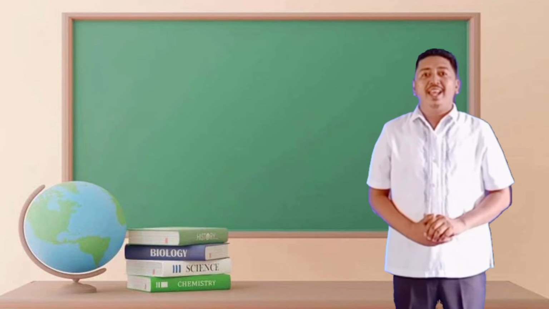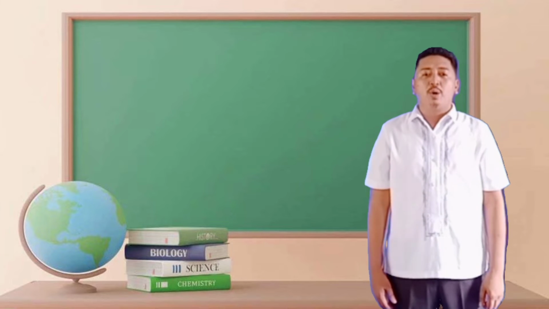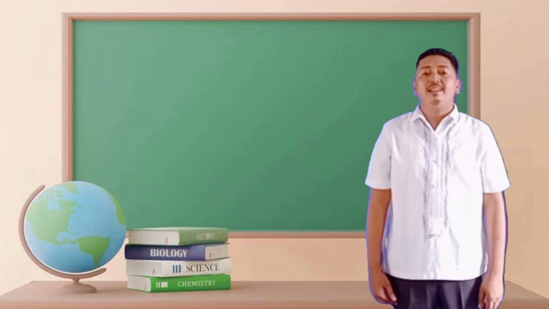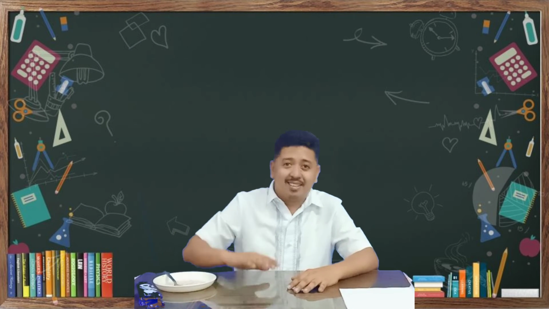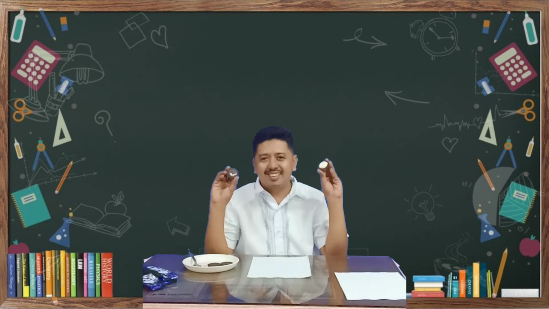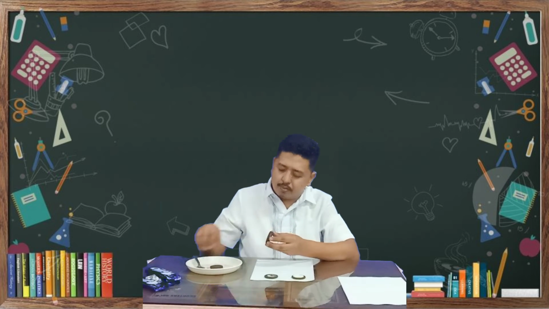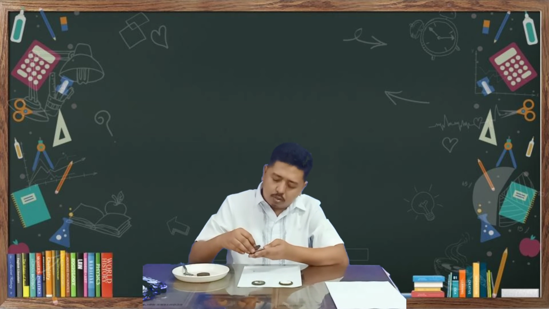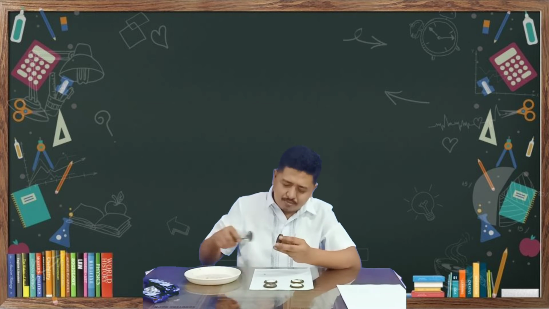And now, let us have another activity. This activity is called the Cookie Moon Phases Activity. Here are the procedures. First, gently separate the cookie so all the filling is on one side. Be careful as you separate the cookies.